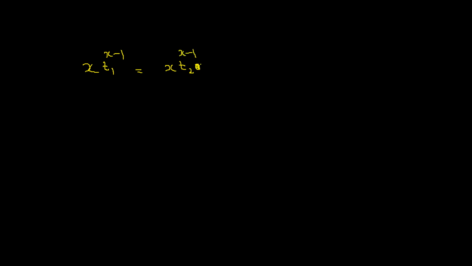From here we get t1 over t2 raised to power x minus 1 is equal to 1, since t1 and t2 are distinct numbers. There are two possibilities.